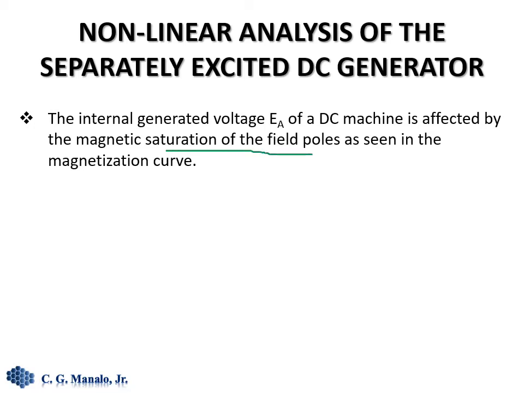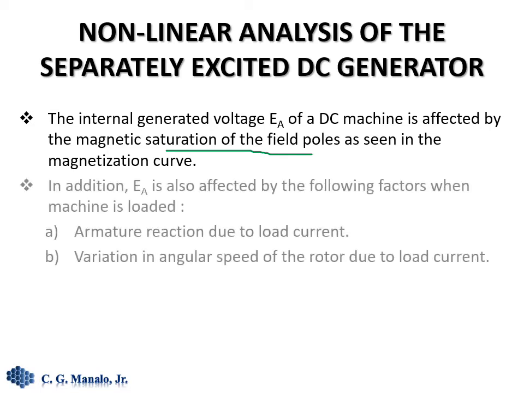So we need to take this into account when we do the analysis. In addition to that, EA is also affected by the armature reaction due to load current. As explained, the armature reaction occurs when the generator accepts load, or there is a load current, and it becomes severe if the load current is large.